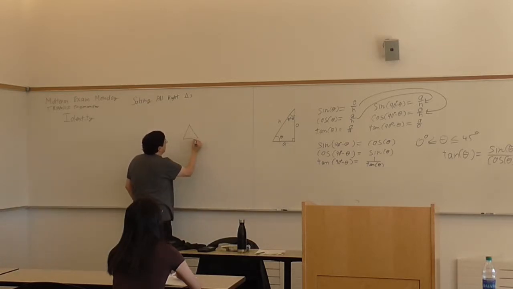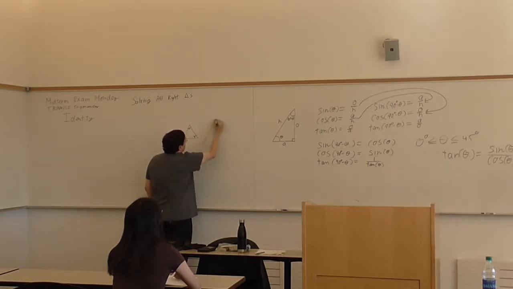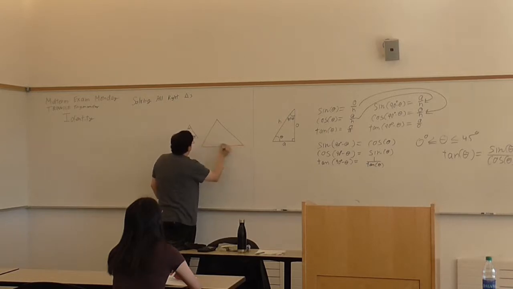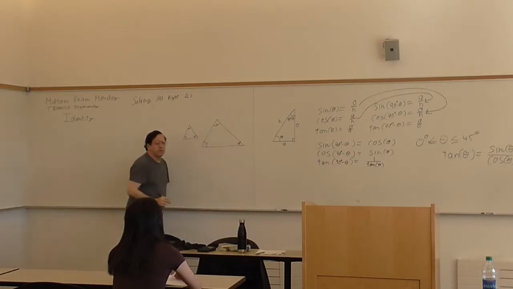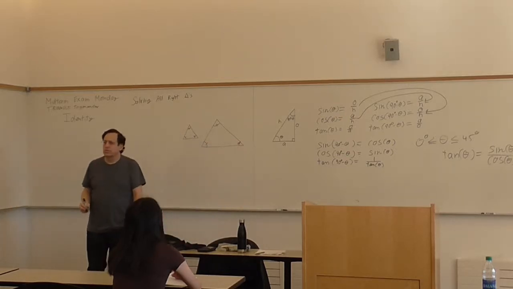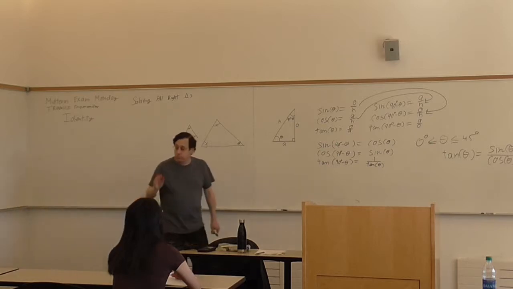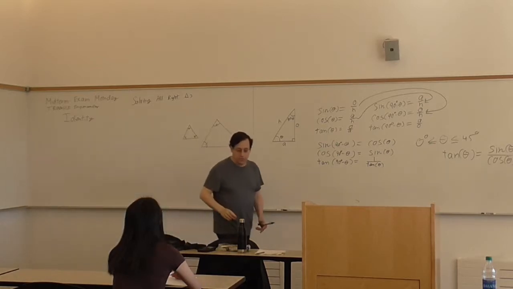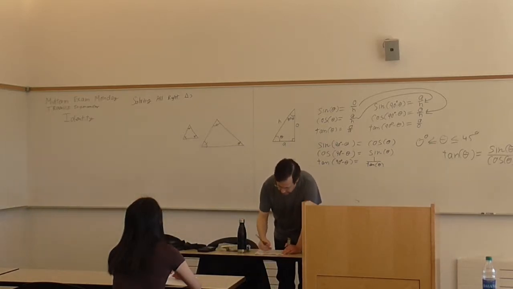Triangle 1 has angles 1, 2, and 3. I have triangle 2 with angles 1, 2, and 3. What are those called? They're not congruent, but you're on the right track.